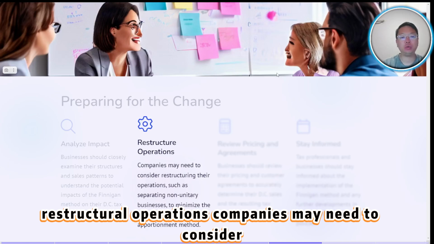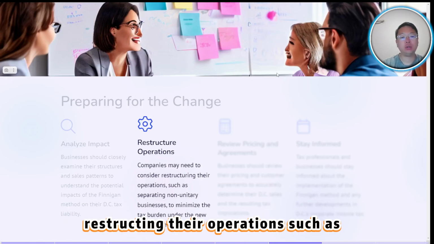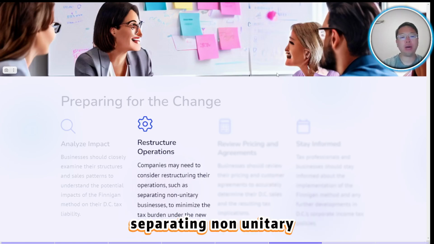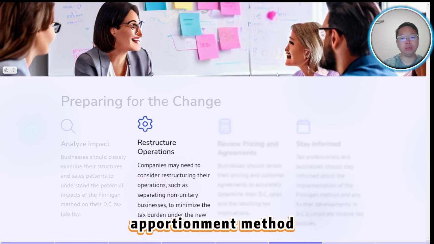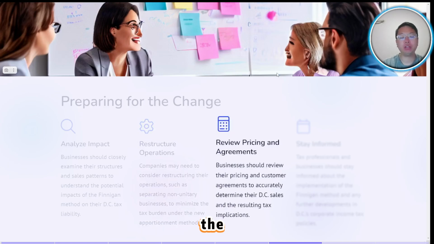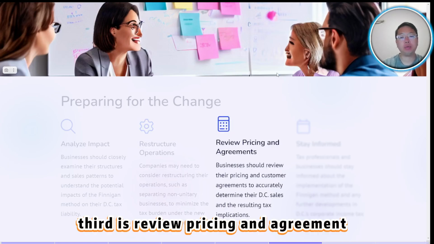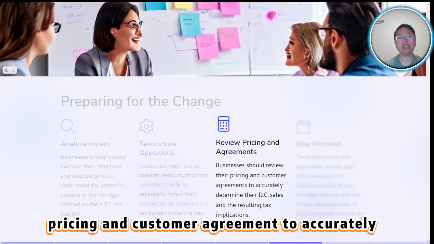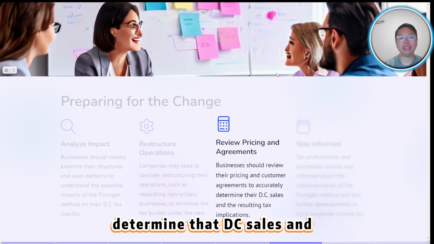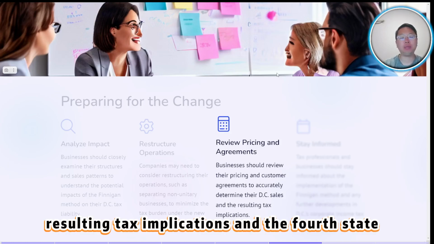Companies may need to consider restructuring their operations, such as separating non-unitary businesses to minimize the tax burden under the new apportionment method. The third is reviewing pricing and agreements. Businesses should review their pricing and customer agreements to accurately determine their DC sales and the resulting tax implications.